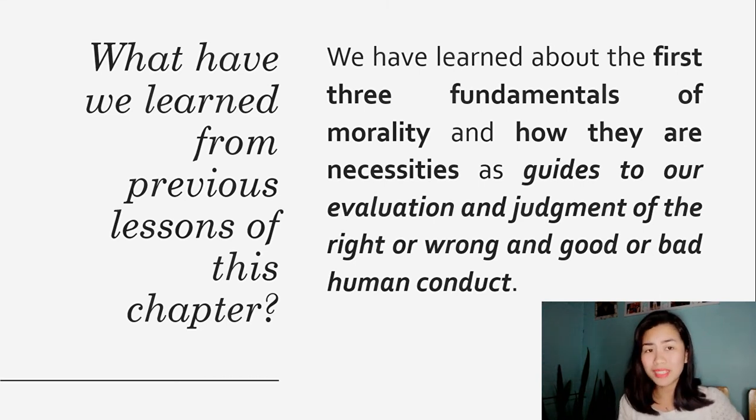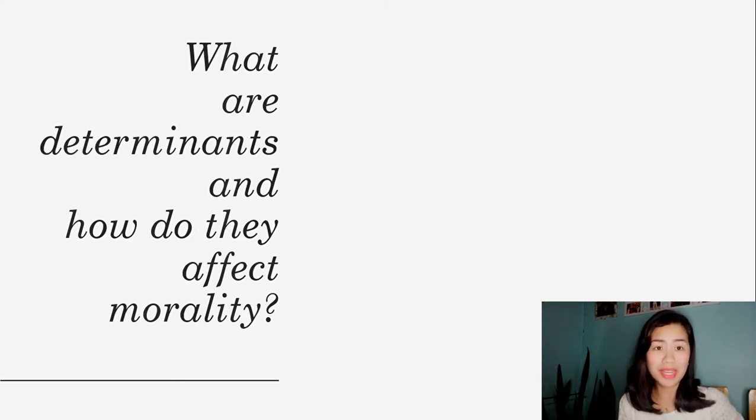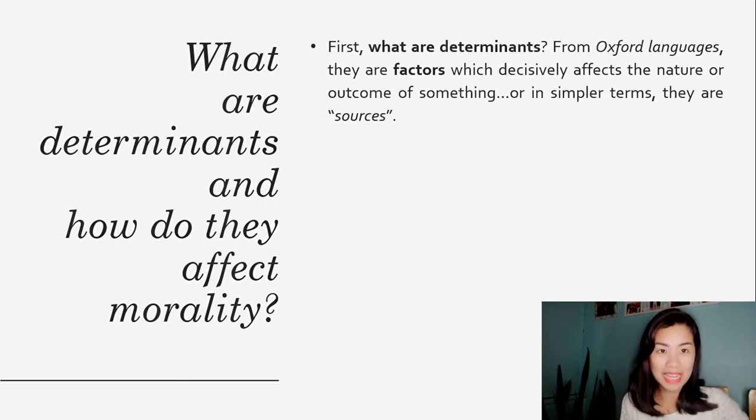Now, what are determinants and how do they affect morality? According to Oxford Languages, determinants are factors which affect the nature and or outcome of something, or in simpler terms, they are sources.